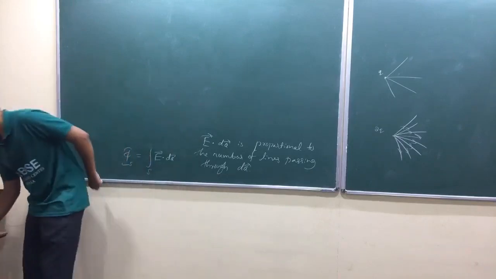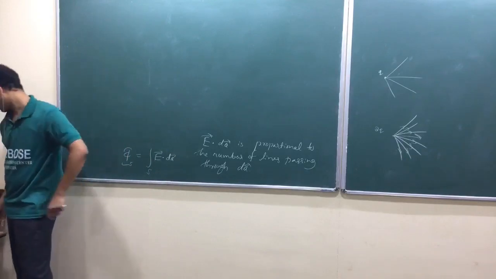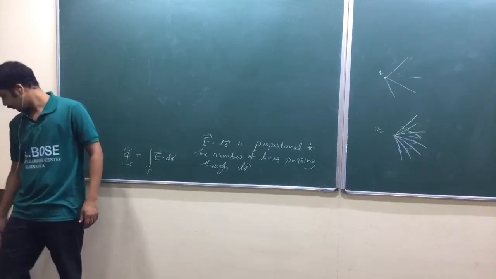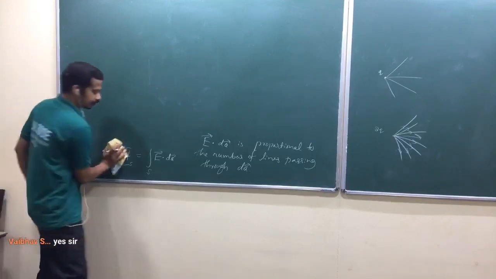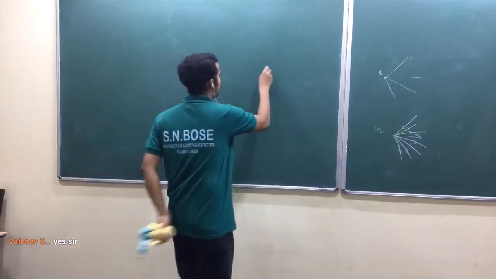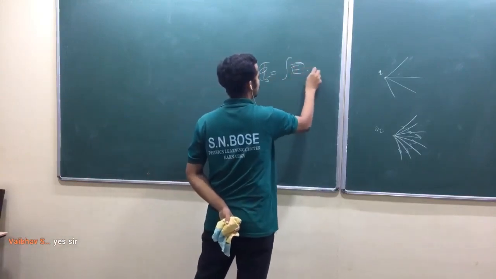Now let me slowly get into Gauss law. Later I'll give some more arguments. So this is the definition of flux. Whenever you have a flux through some surface, you better write E dot dA.